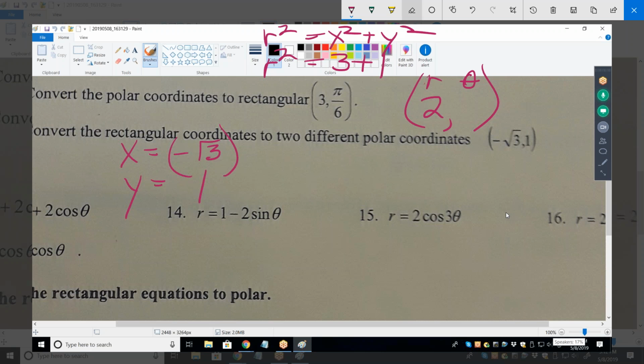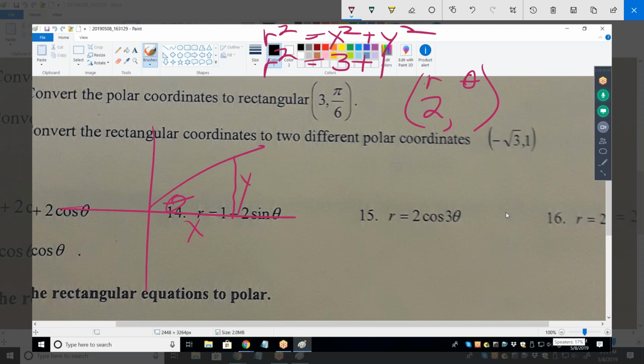Now we need to figure out theta, and we haven't done this yet. But theta is always equal to the inverse tangent of y over x. In polar coordinates, that's theta, that's x, that's y.